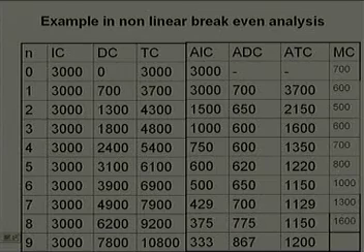The first column gives you the values of N. The second column gives you IC, indirect cost. The third column gives you direct cost. And if you add IC and DC, it is nothing but total cost, which is given in the fourth column. Now, if you look at the second column, the indirect cost is given to be 3000. It is constant throughout, irrespective of the value of N.